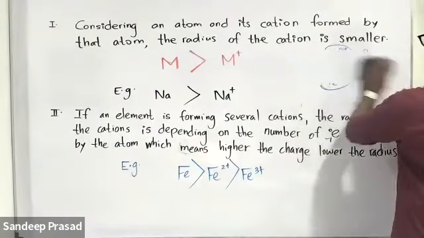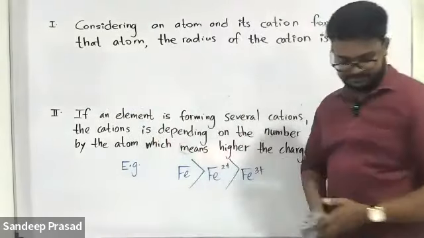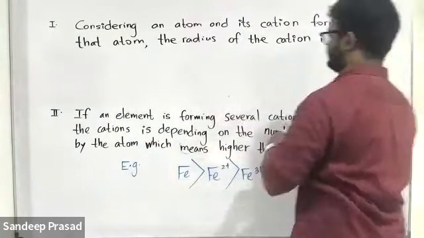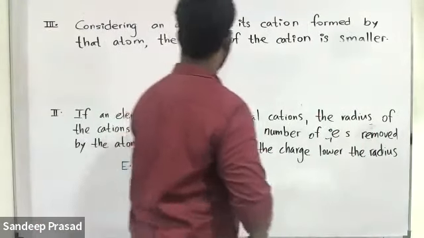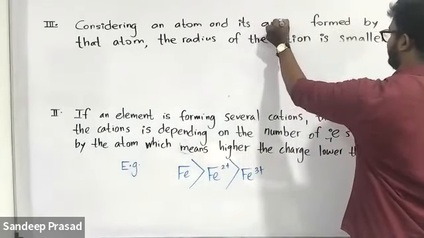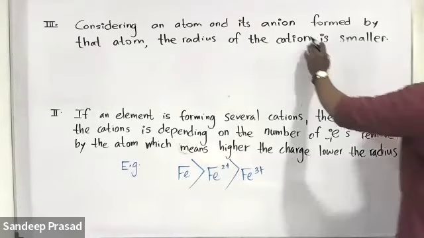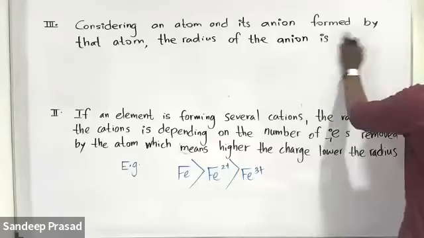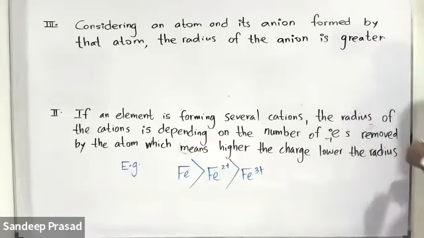Rule number 3 says that if you consider an element and its anion, now we are talking about anions. Considering an atom and its anion, anion means the negatively charged species formed by the atom. The radius of the anion is greater. Let's see.